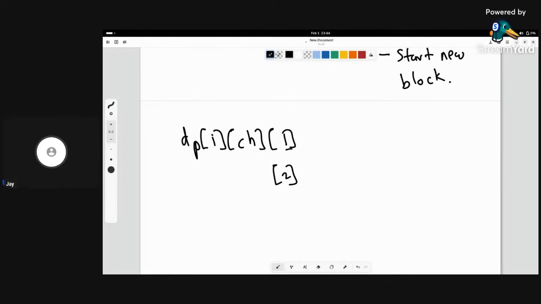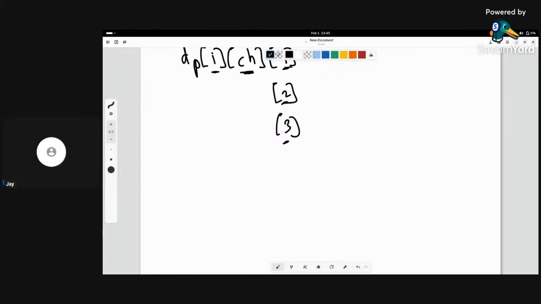So basically, DP of I means I'm at this index I. Character means that the last block is of these characters, all A's, all B's, or all C's, and the count 1, 2, or 3 would indicate that the last block has exactly one character, exactly 2 characters, or 3 and more characters. And then you could just iterate over all these things, update the next states, and at the end you would have some form of answer. You would again have to do some checking to see that the last block has at least 3 characters, but you could just get your answer from the last DP state.